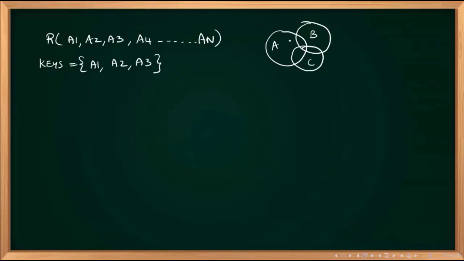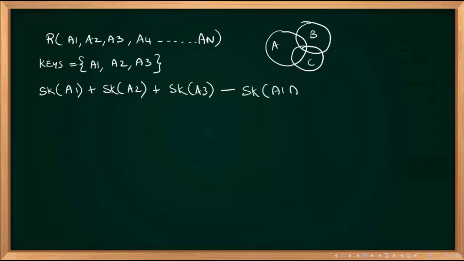We have to find all the candidate keys, means super keys of A1, super keys of A1 plus super keys of A2 plus super keys of A3 minus super keys of A1 intersection A2 minus super keys of A1, A2, then minus super keys of A1, A3, okay, and minus super keys of A2, A3.